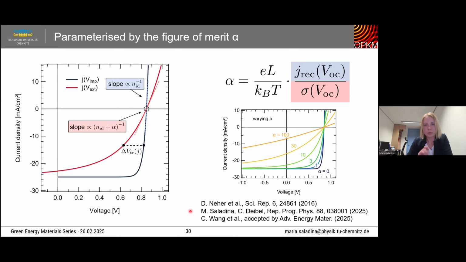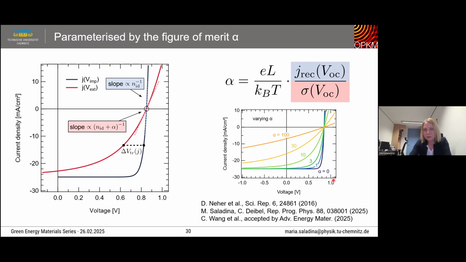Right, so what is alpha? Obviously, in order to understand the JV curve, we need to understand alpha. First of all, in very general terms, it depends on the competition between recombination and conductivity at open circuit conditions.